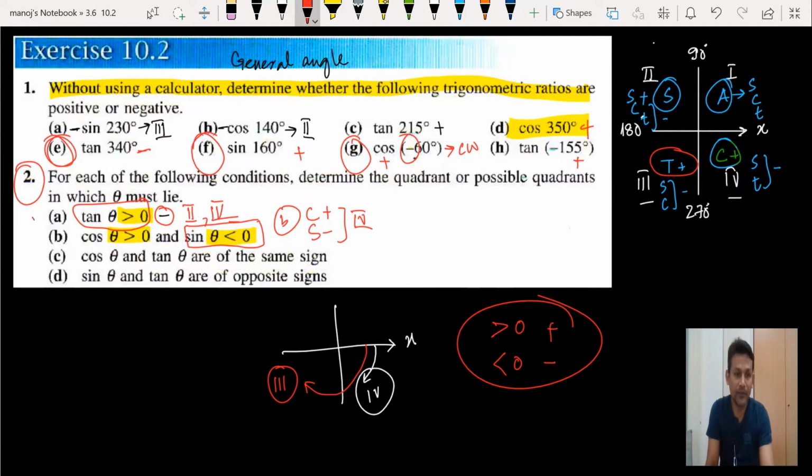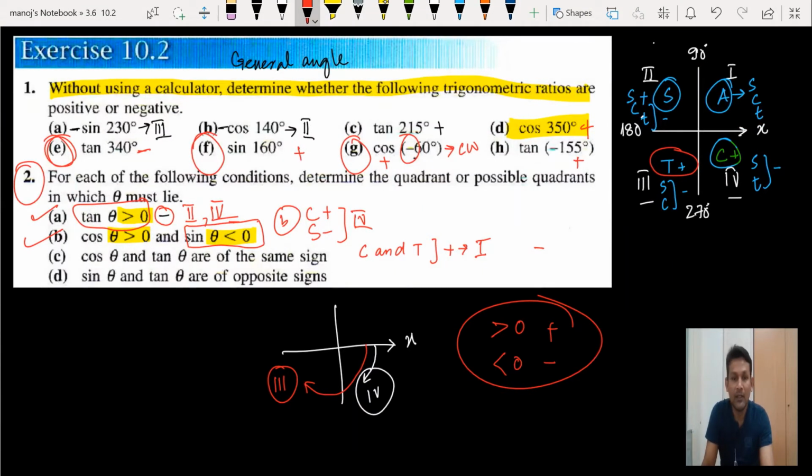Okay, we have done two parts. In part C, cos theta and tan theta are the same sign. Both can be positive or both can be negative. When both are positive, it lies in the first quadrant, because in the first quadrant all are positive.